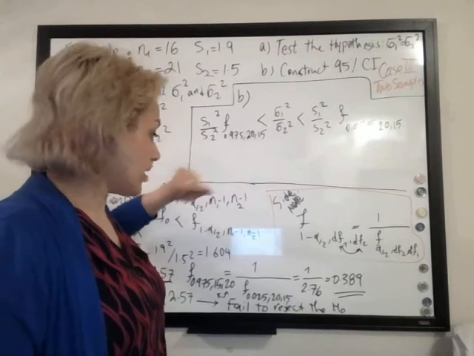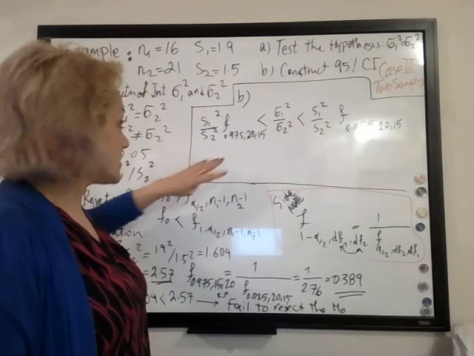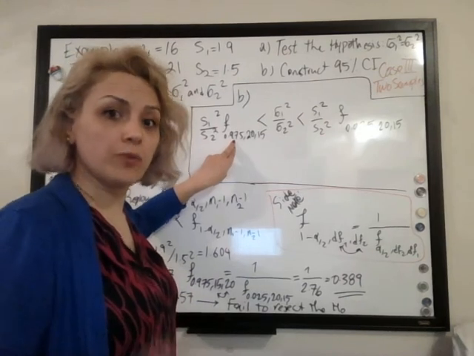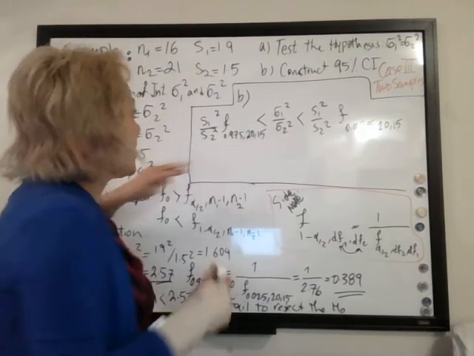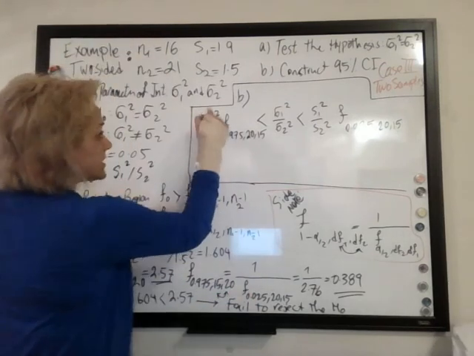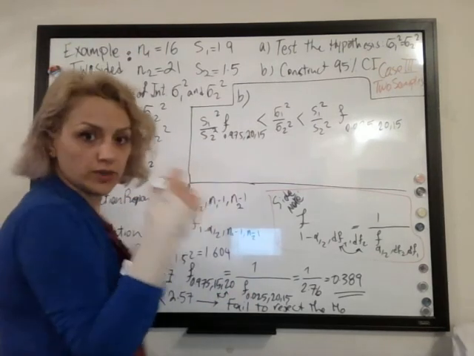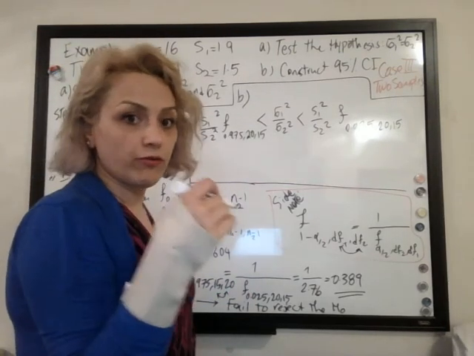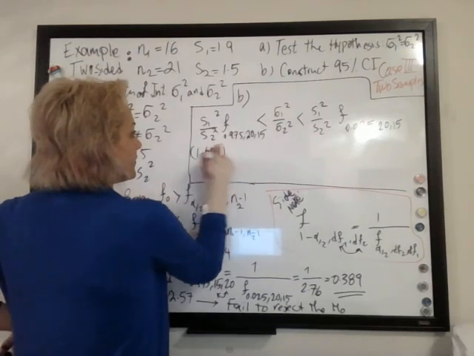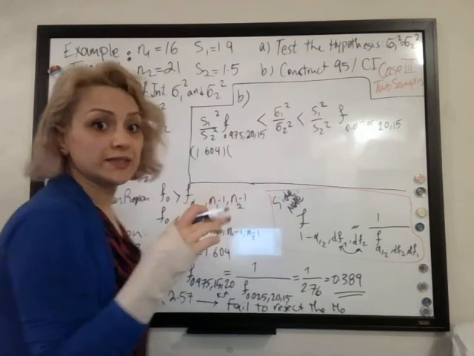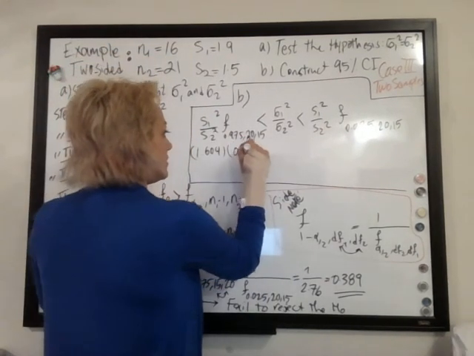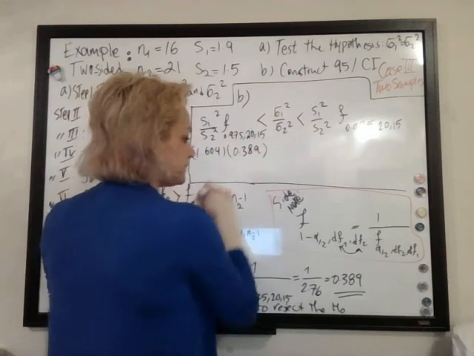So you would need to read these values again from the table. You know how to read it right now, but you need to read it again from the table. What I'm going to do is write down S1 and S2, just putting the numbers. When you divide them together, it's going to be 1.604. So 1.604 times this value, when you read it from the table and reverse it, is going to be 0.389.